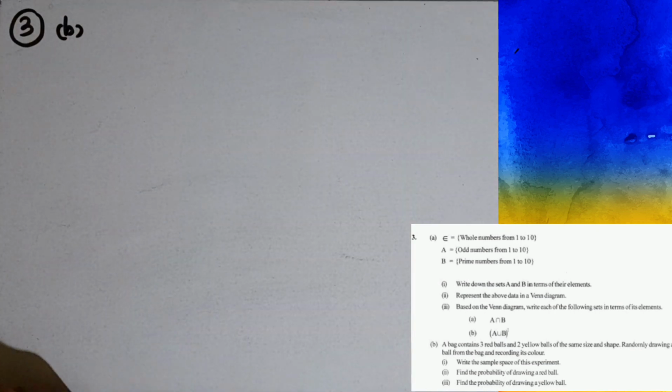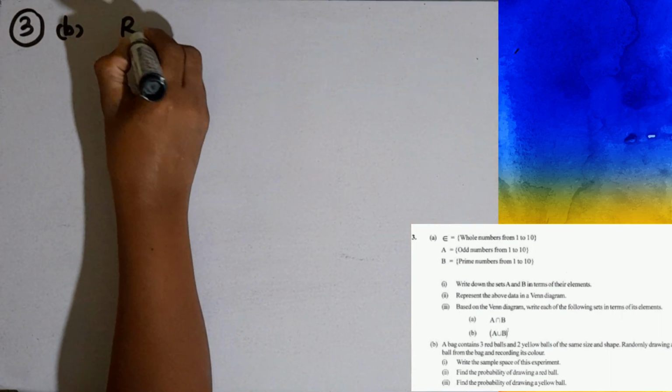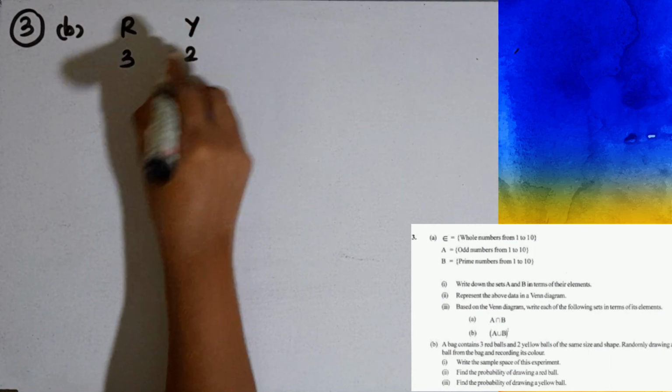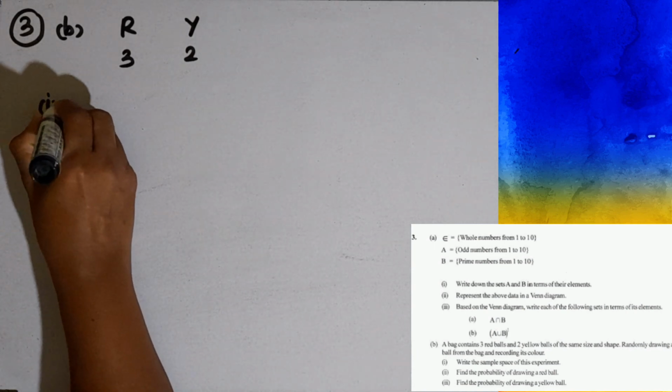B part. A bag contains 3 red balls and 2 yellow balls of the same size and shape. Randomly drawing a ball from the bag and recording its color. 3 red balls, then 2 yellow balls. Altogether there are 5 balls. Then question number 1.